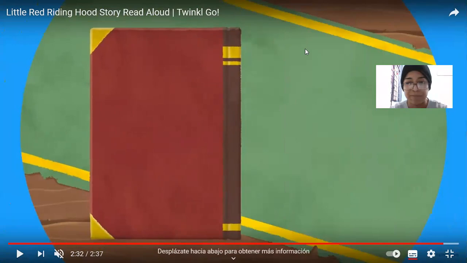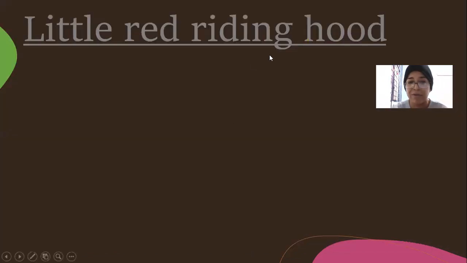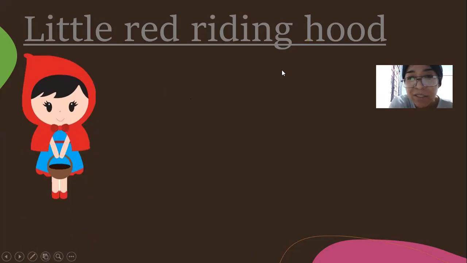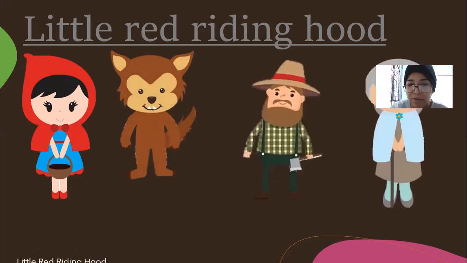Okay, there it is. So this is a story about Little Red Riding Hood. Okay, here we have Little Red Riding Hood is this girl. Así es como se llama this little girl. Vamos a ver este vocabulary. Ok, Little Red Riding Hood es este personaje.